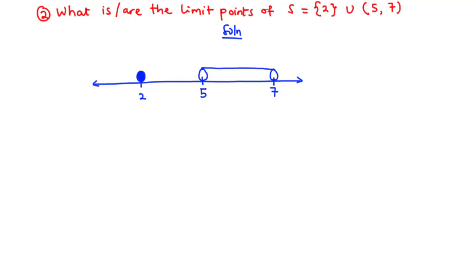Now we know that for a point to be a limit point of S, then the delta neighborhood of that point, intersection S, should contain infinitely many points. So like we did in the previous example, let's investigate for 5 and 7. So the delta neighborhood of 5 becomes, on the right hand side we have 5 plus delta, and then on the left hand side we have 5 minus delta.